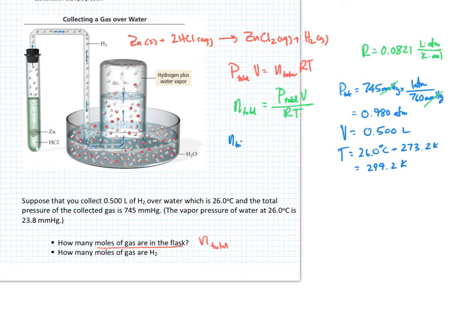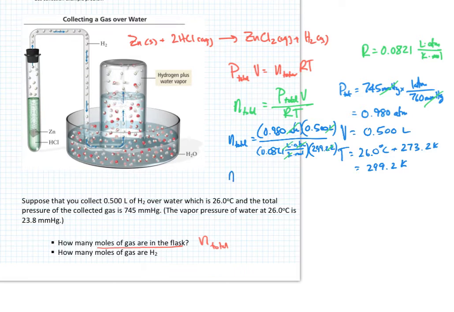So N total is equal to 0.980 atmospheres times 0.500 liters divided by 0.0821 liter atmosphere per Kelvin mole times 299.2 Kelvin.